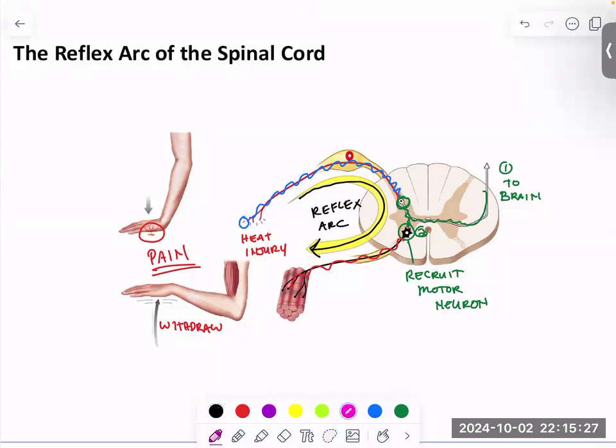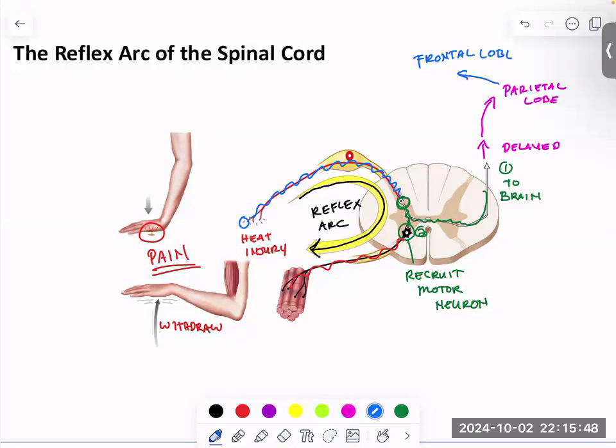And then this is delayed because it has to get to your brain. It has to get to your parietal lobe. Your parietal lobe has to send that information to your frontal lobe so you can decide how to feel about it.